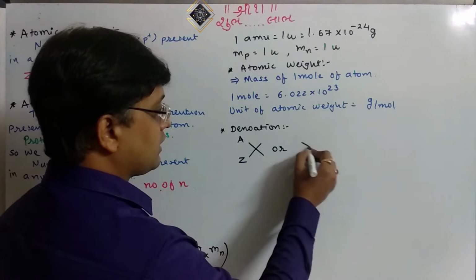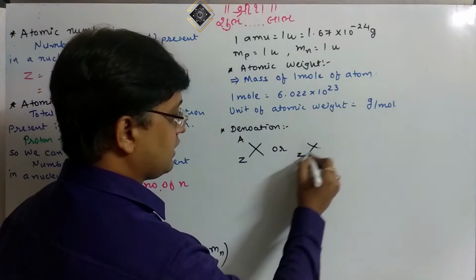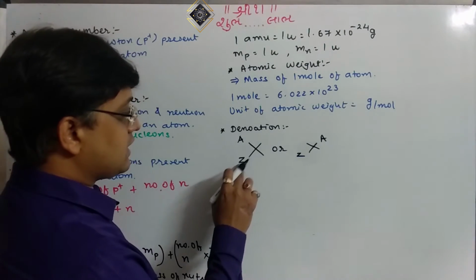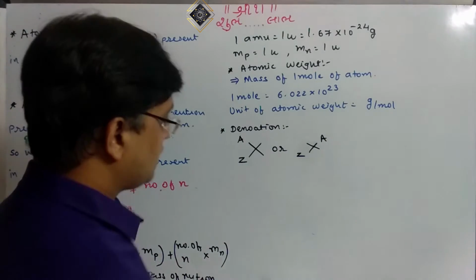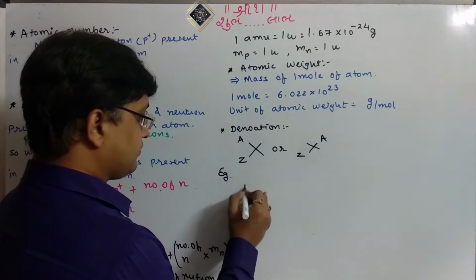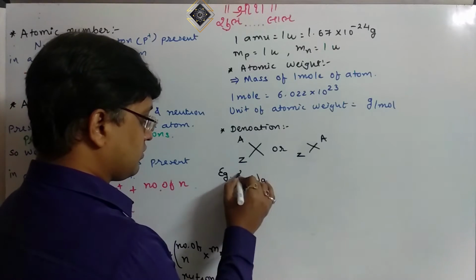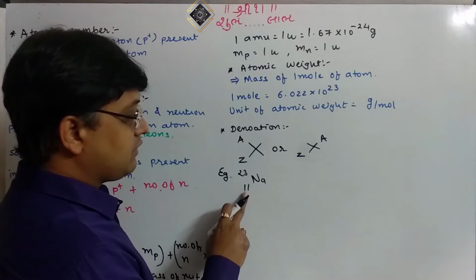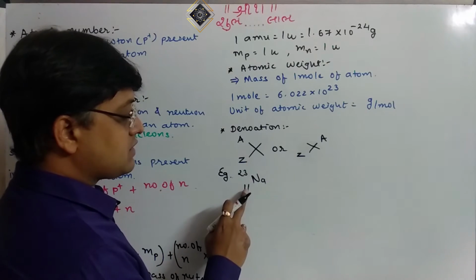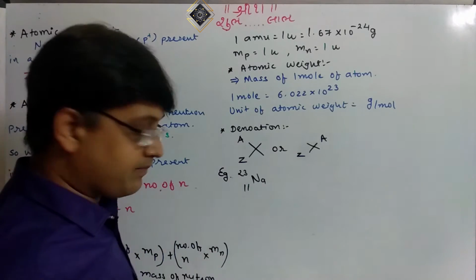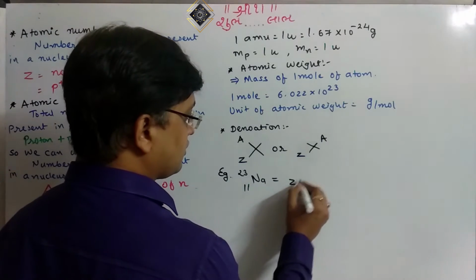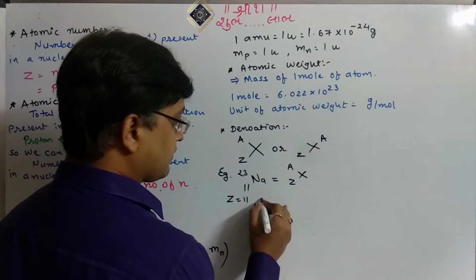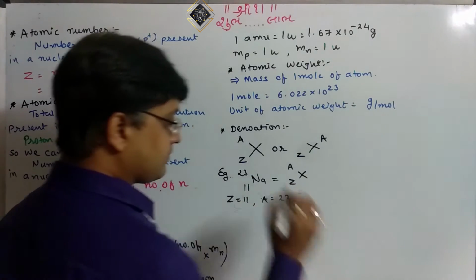Or you can write X, here it is Z and here it is A. It is pronounced as Z X A. As for example, it is pronounced as 11 Na 23, that means 11 sodium 23. When we compare with the denotation, then Z is equal to 11, A is equal to 23.